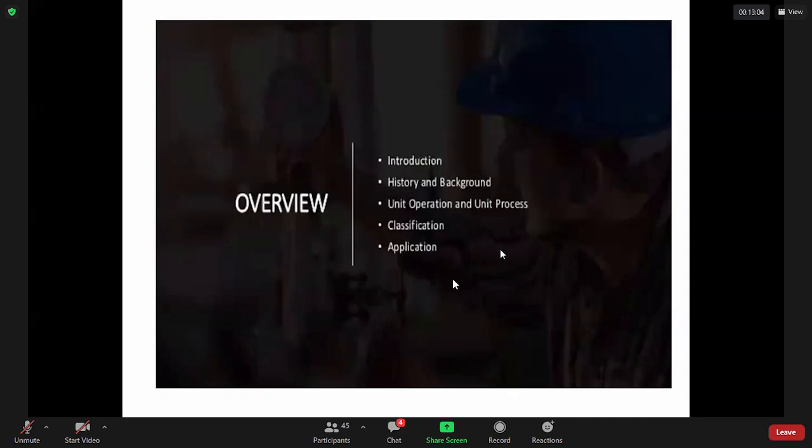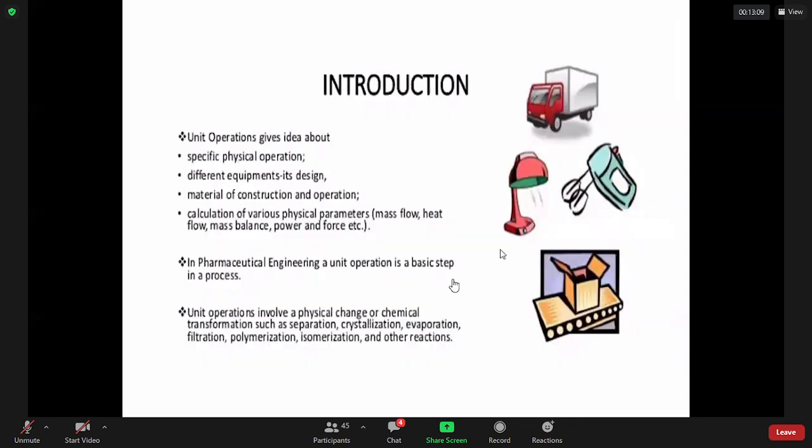So a unit operation gives an idea about the physical. That is a unit operation. Unit operation gives an idea about specific physical operation. That means that there is no change in the physical properties of whatever you are dealing with.